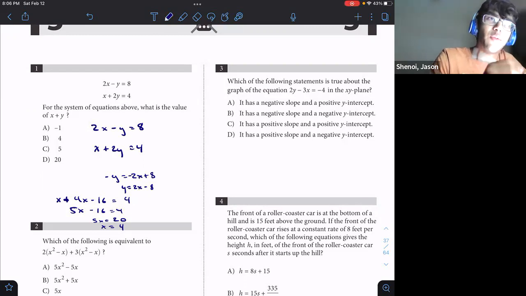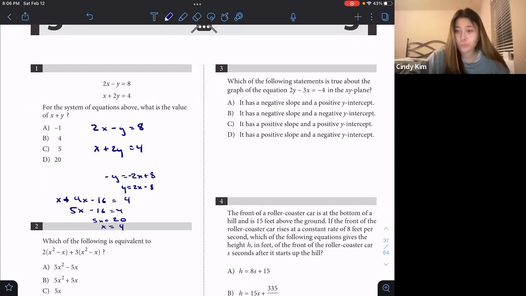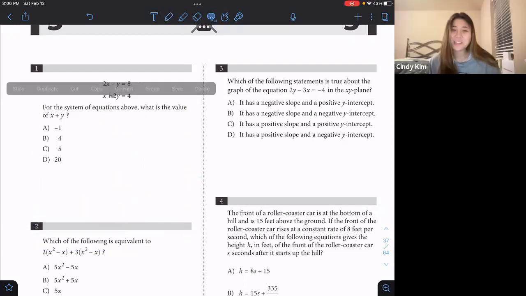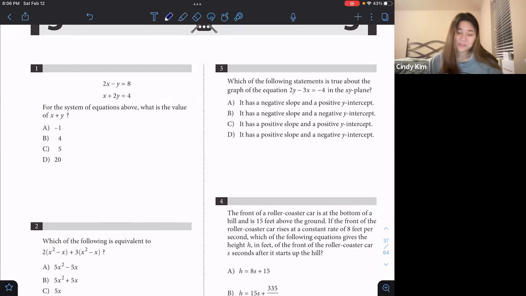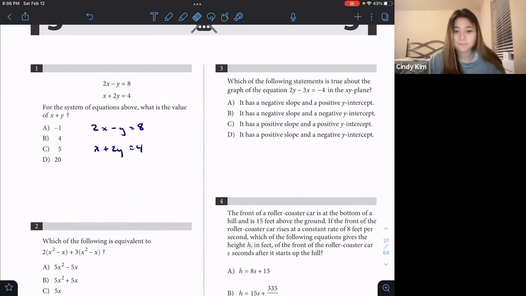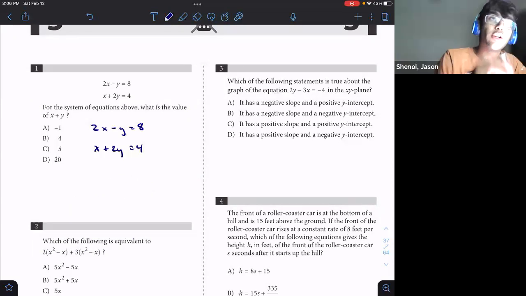Before you write it down, I will show you the easier way to do it. Oh, that wasn't the easy way? No, this is the much harder way. Okay. So you have these two equations. When you're solving a system of equations, you just want to add and subtract to take out things. That's the easiest way to do this.